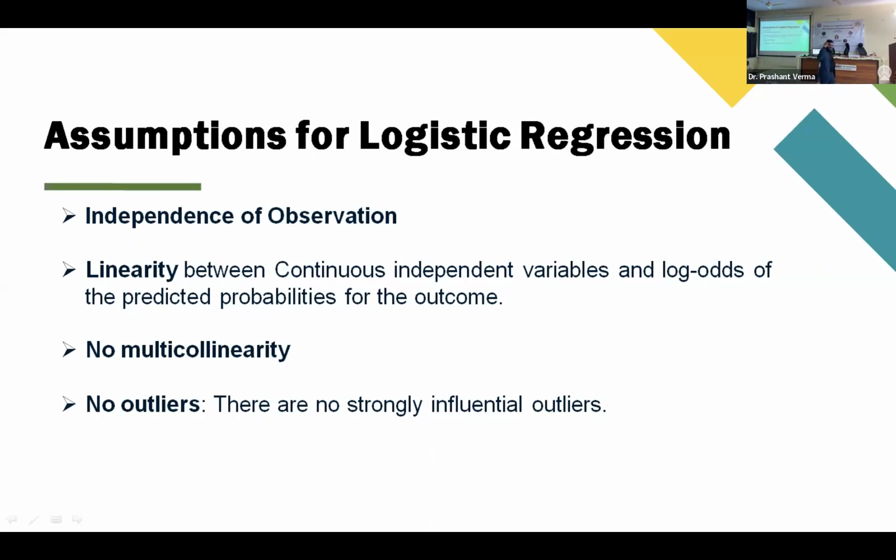Suppose x1 and x2 are highly correlated, meaning x1 will have the same effect on your outcome variable y as x2 has. So it will distort our model. This is not recommended when using logistic regression; the independent variables should not have any multicollinearity. There are different ways to address this.